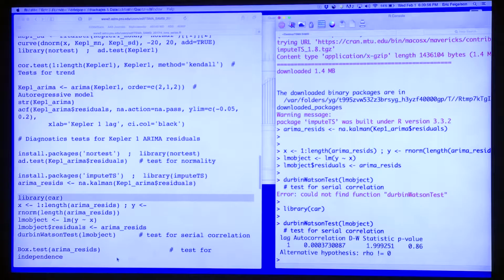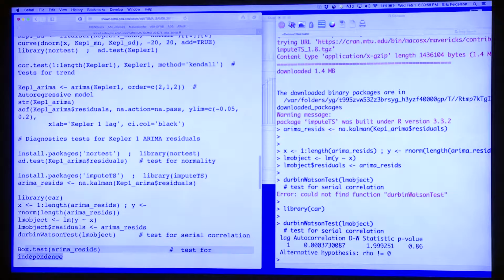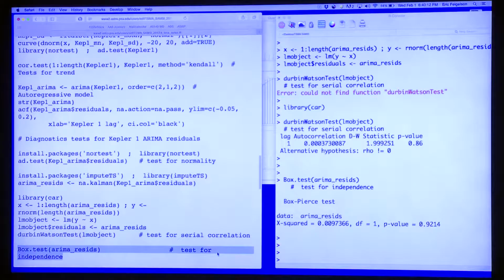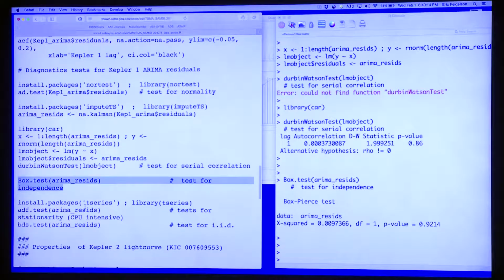Okay, so now there's a test for independence called the Box-Pierce test or the Ljung-Box test. This is the same Box who was R.A. Fisher's son-in-law. In this case, it survived the test for independence. Now I'm going to do a test for stationarity.